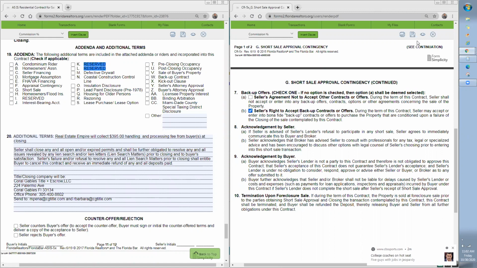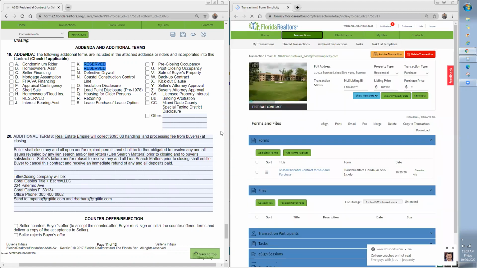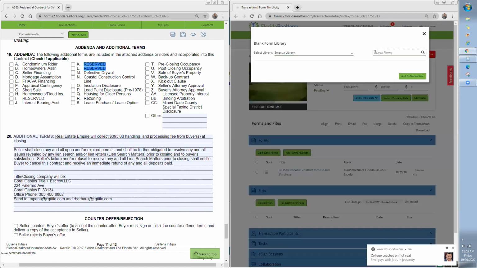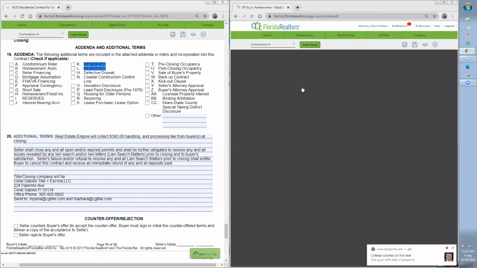Moving on, we're going to go to the homeowners and flood insurance document, okay? So this homeowners and flood insurance document, a lot of people will say that it means that the buyer needs to obtain homeowners and flood insurance. Not necessarily.